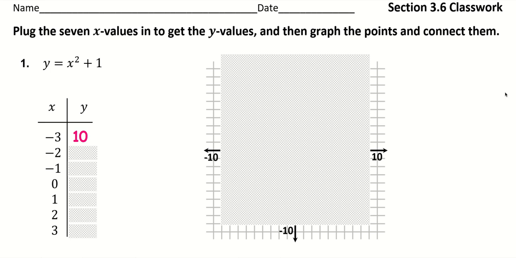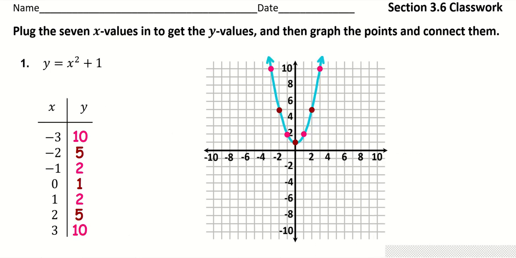Alright, so if you've attempted this on your own, plugging in all these separate values for x, we get -3 comma 10. Let's ungroup those.